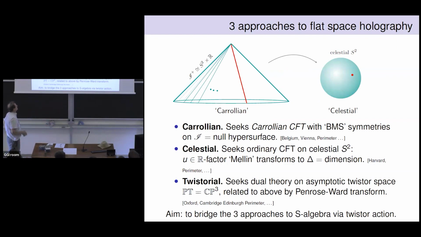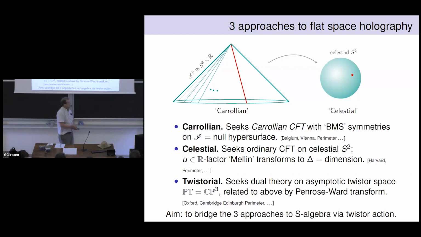This conference is somehow bringing together at least three and maybe more strands with real physicists as well: the Carrollian, the celestial, and here in my case, more twistorial, and they all center on the celestial sphere.